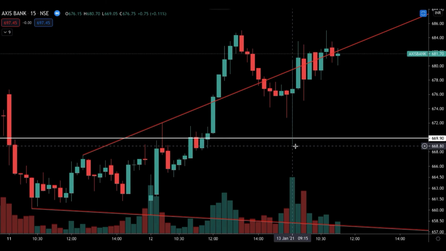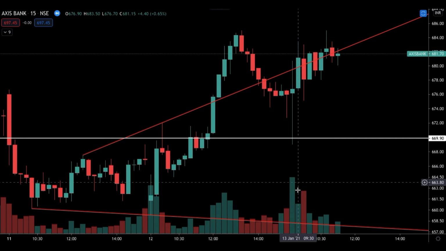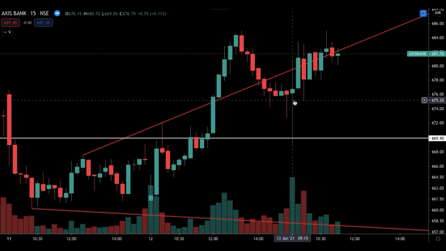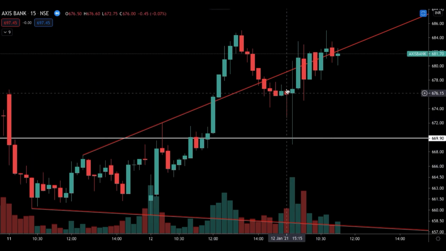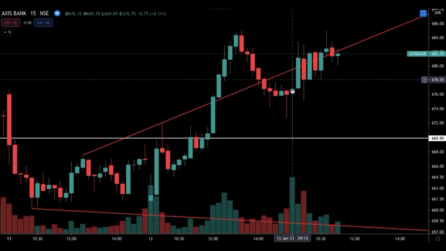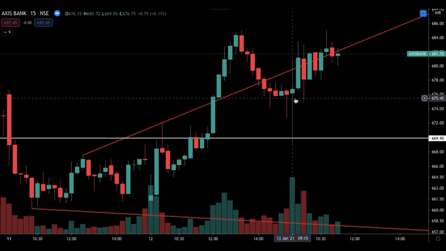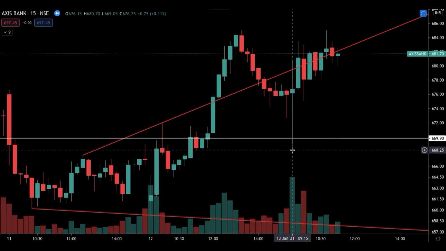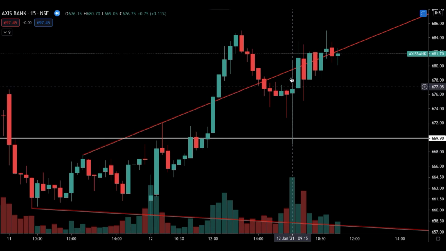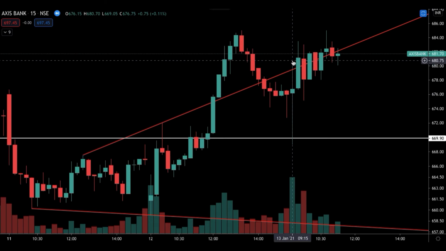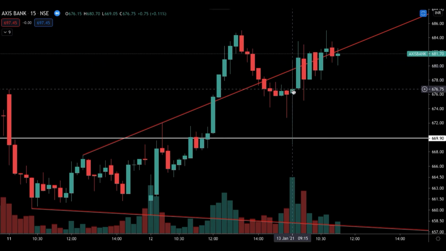But this is a special circumstance because it's the first candle of the day, and we can see it went below the line, came above. It's a very high shadow candle. The stock opened at 676, went down to 668, gave a high of 680, then closed at 696.